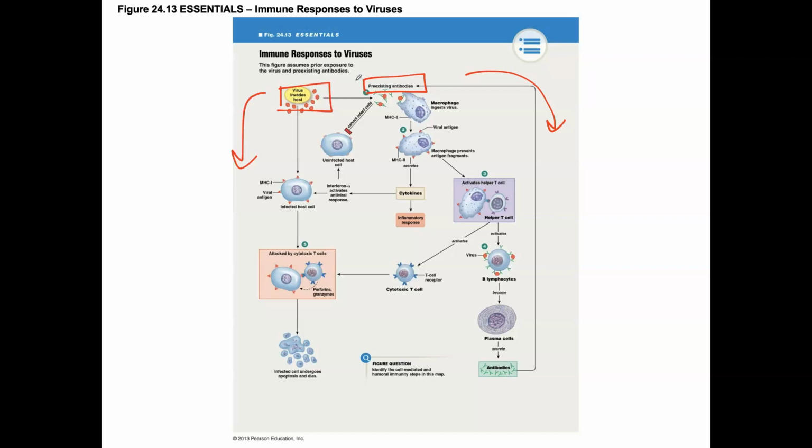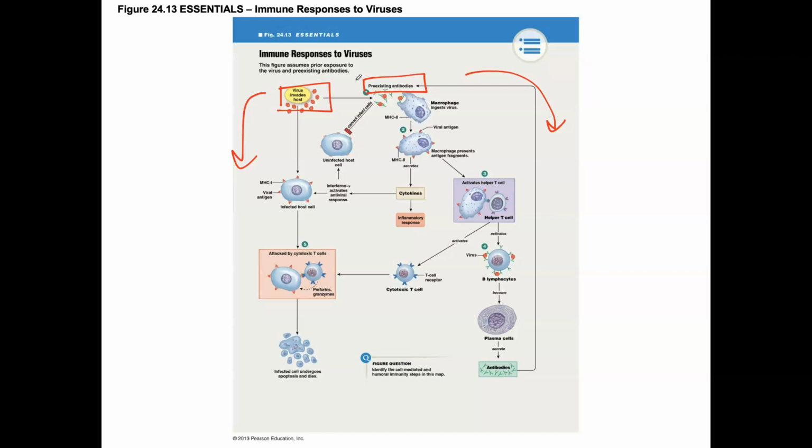If this is a new virus, a novel virus, then there aren't going to be pre-existing antibodies. And so there's going to have to be a pathway for the production of antibodies. So antibodies that previously exist are coming from memory cells because the virus has been in the body before.